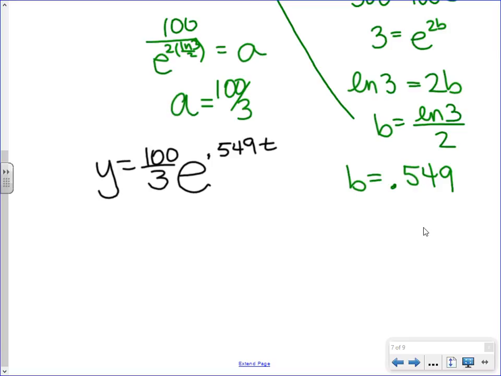Okay. If we want to know how many fruit flies we have after 5 days, we can plug in a 5 for time.